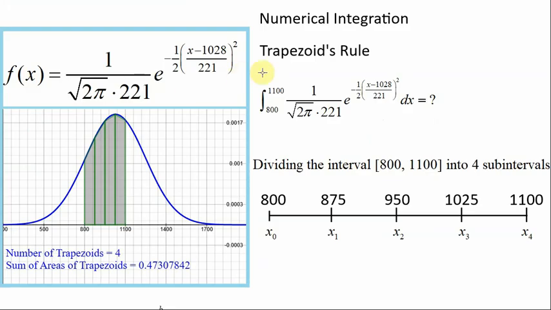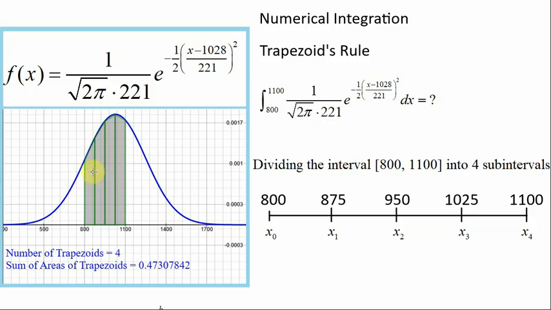And so here's how Trapezoid's rule works. Here's our shaded region, and we want to find the area of this shaded region. What we would do is fill it up with n trapezoids. For this one, I filled it up with 4 trapezoids.